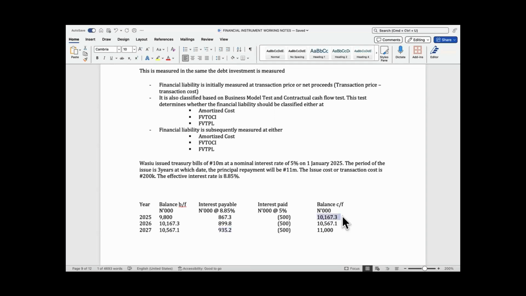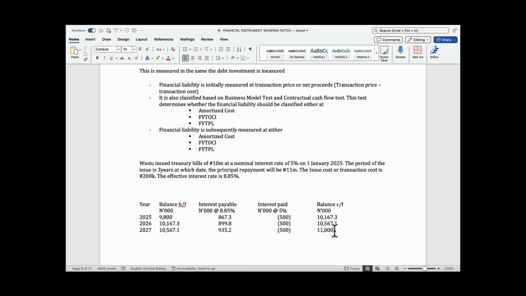While these are the balances of your financial liability account at the respective years. And you see the way it's progressing towards the 11 million. At maturity, we were at that 11 million, and that is the amount we are going to settle. So it makes sense that that is the balance.